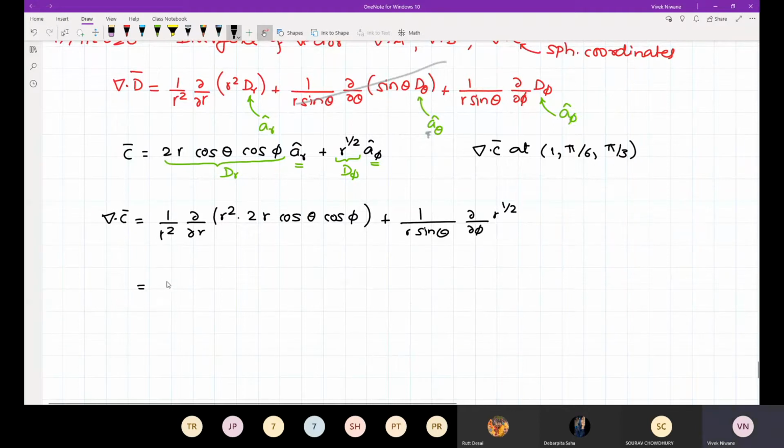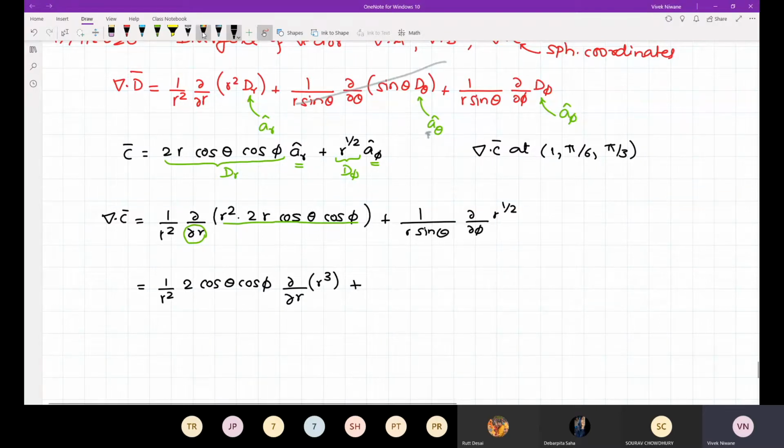It is equal to 1 upon r square. The differentiation here is del by del r, so the terms excluding r will be constant. We take the constant terms out of the partial differentiation: 2 cos of theta cos of phi, and we are left with del by del r of r cube.